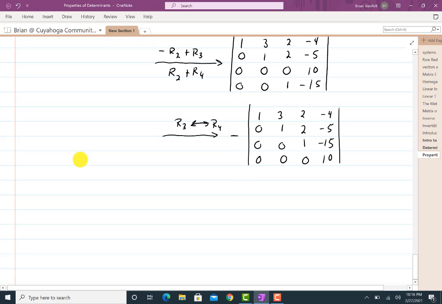And let's go ahead and calculate it. Now that I've got it in the upper triangular form, I have a negative. And then the product of the diagonal elements, 1 times 1 times 1 times 10.